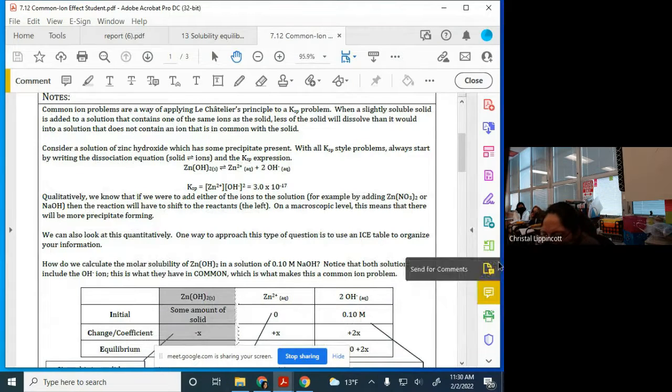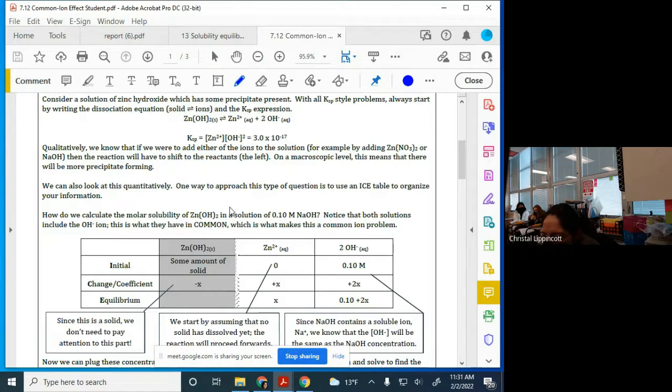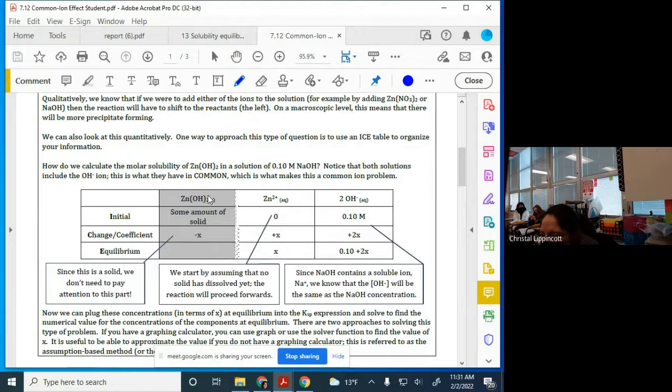we end up having situations where we are adding a substance to a solution that already has some of those ions present. So for example here, if we were looking at zinc hydroxide and we added that to a basic solution, that basic solution would already have some hydroxide ions in it.